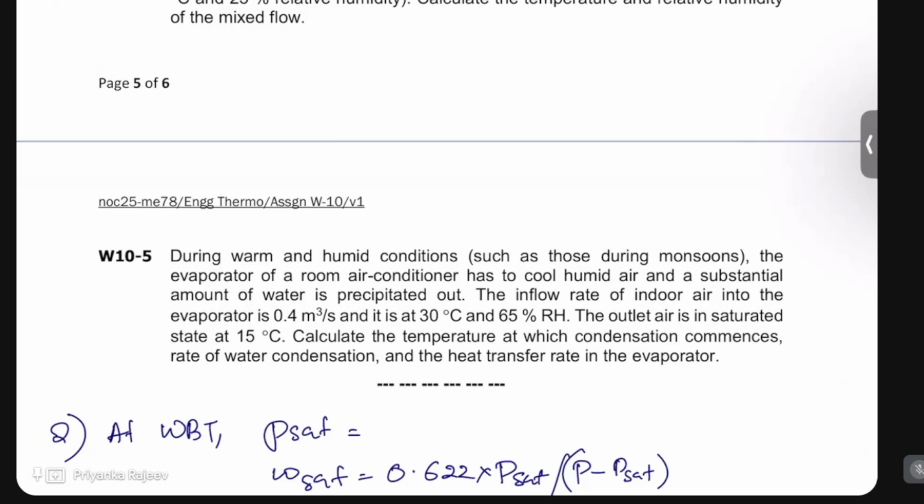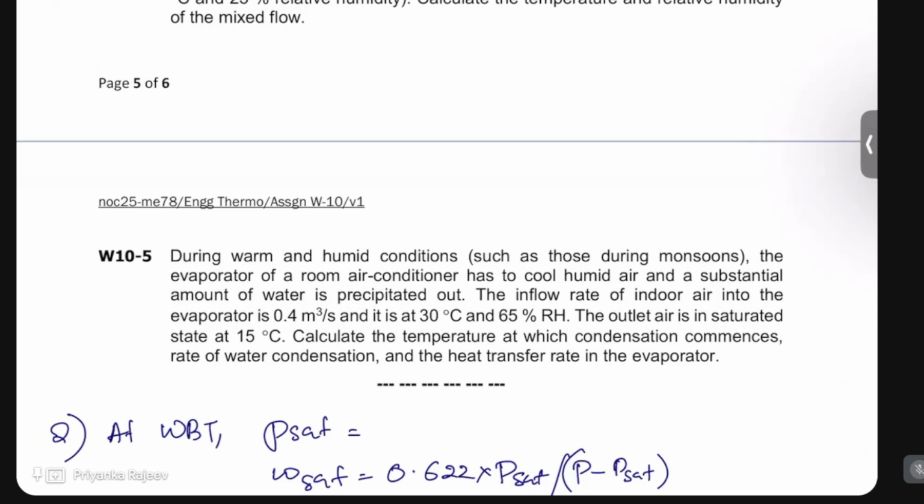Then outflow is 15 degrees saturated. So moisture removed is W in minus W out. So W in, we can find from the data given, like pressure difference.